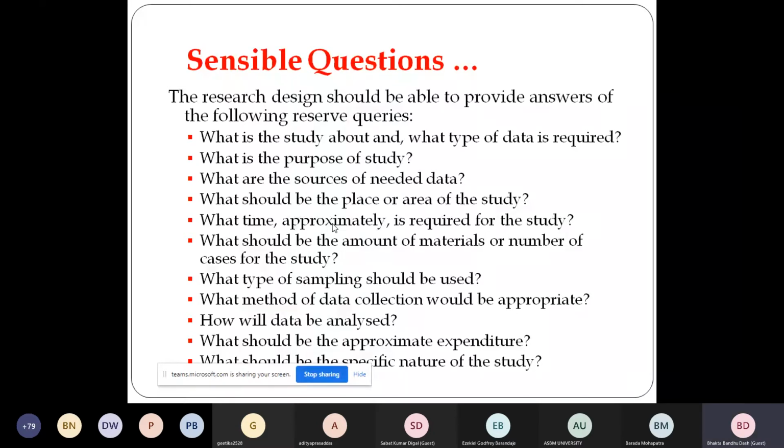So what should be the place or the area of the study? This is also demography. Because whenever you undertake the research process, you always focus upon a sample. You are not focusing upon the universe. But always you relate your sample with the universe.